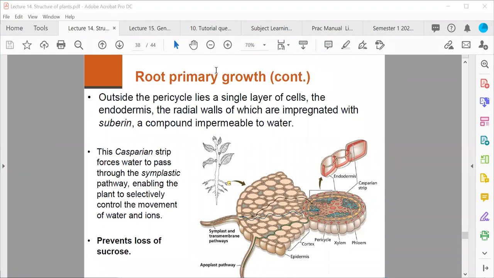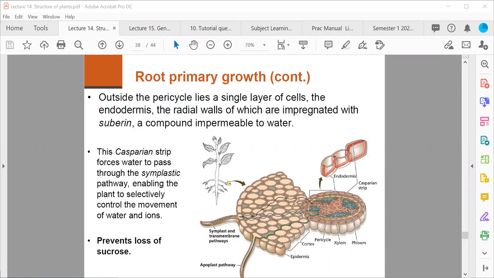So let's have a look firstly at where these cells are. Once again, we've got part of a section of a root here, outer epidermal cells. A couple of them have elongated to form root hairs.